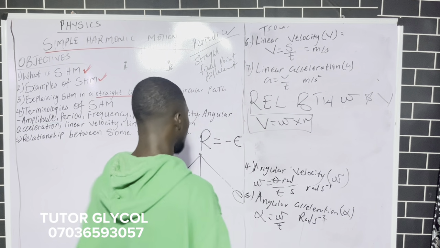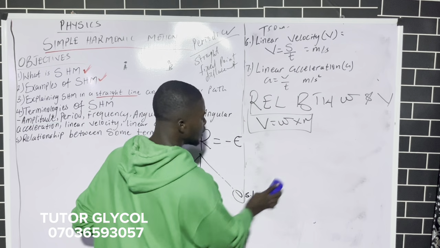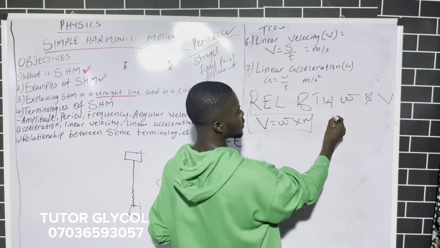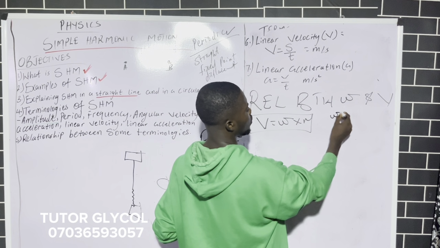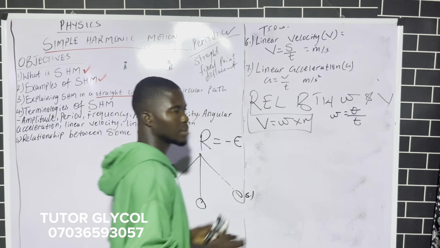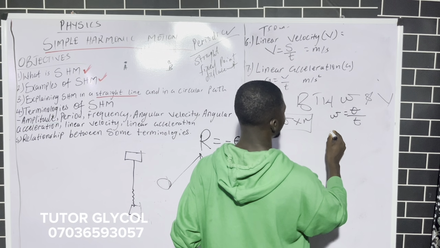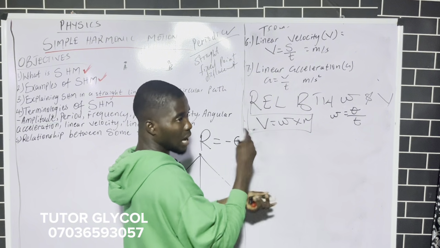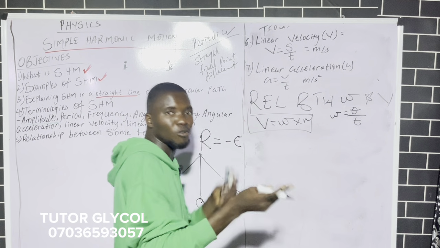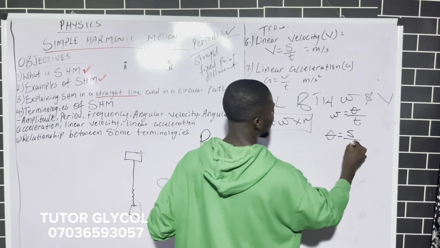If you notice, remember we said that w is equal to theta over t, right? Then from mathematics, if you are looking for circumference and all the rest, we notice that theta is equal to s over r. How?